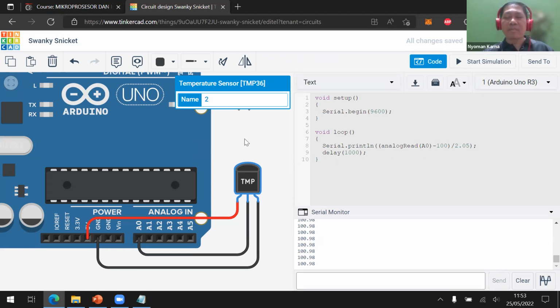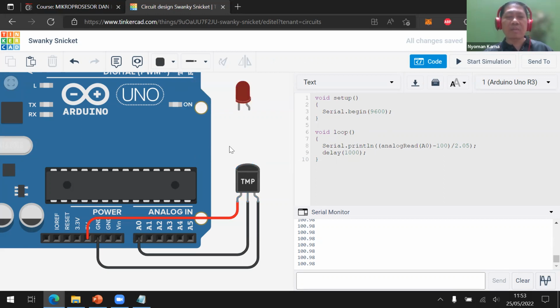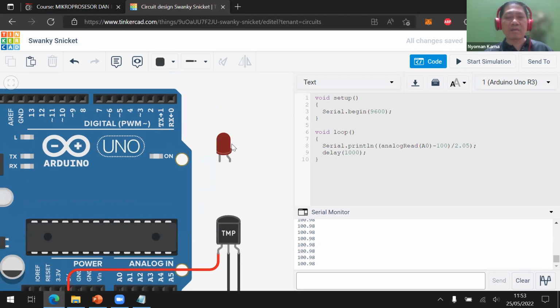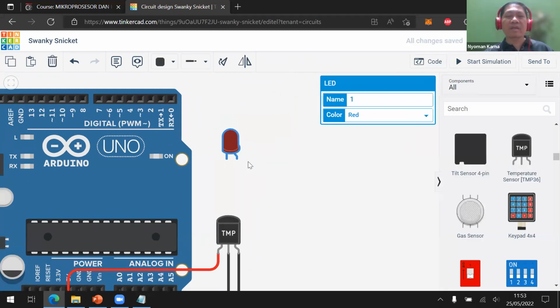Now, based on the value reported by the temperature sensor, let's start with the LED lamp. If the temperature is more than 20, please turn on the LED lamp. That's the assignment, for example.